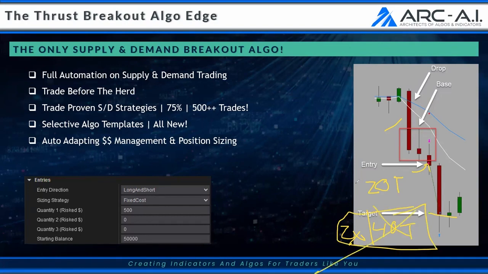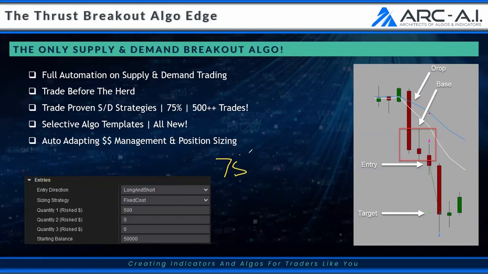The system will automatically size your positions for you. So if this is 20 ticks and you're normally going to trade 10 contracts, then when this gets to 40, it's going to automatically size that to 5 contracts to lock in your risk on every trade. As a prop trader, that's huge because now you know you can work with a win rate.